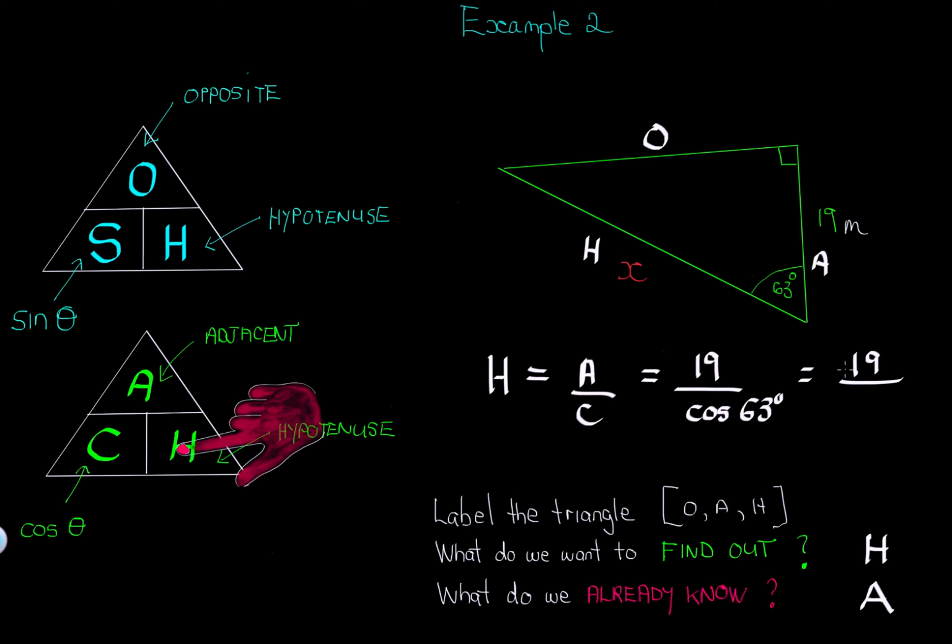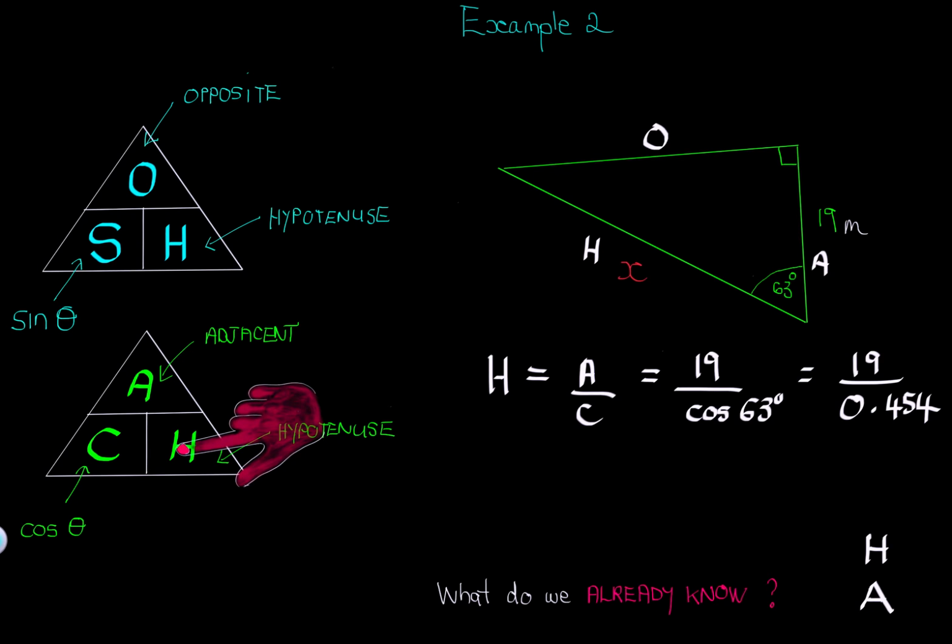And this is where we need to use our calculator. So the cos of 63 degrees, on your calculator, you should get 0.454. And if we now calculate that out, 19 divided by 0.454, that equals 41.85.